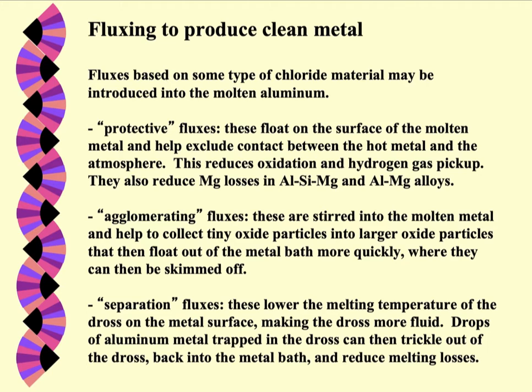Some of the fluxes you put on as a protective coating on the surface in order to keep the hydrogen away, and also to keep the oxides off the surface or mixing back in, especially if you're using an induction furnace.